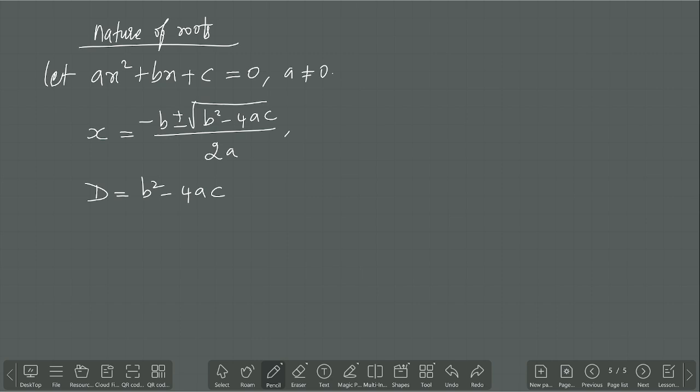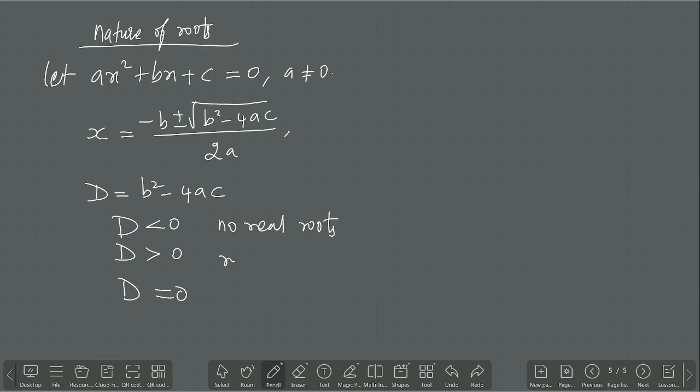So D greater than 0, D equal to 0 and D less than 0. These three things, what is the meaning I said? No real roots, I said. You can say no real roots, but if you are going to 11th standard, you should not say no real roots; you have to say complex numbers or complex roots. There you will study about that.